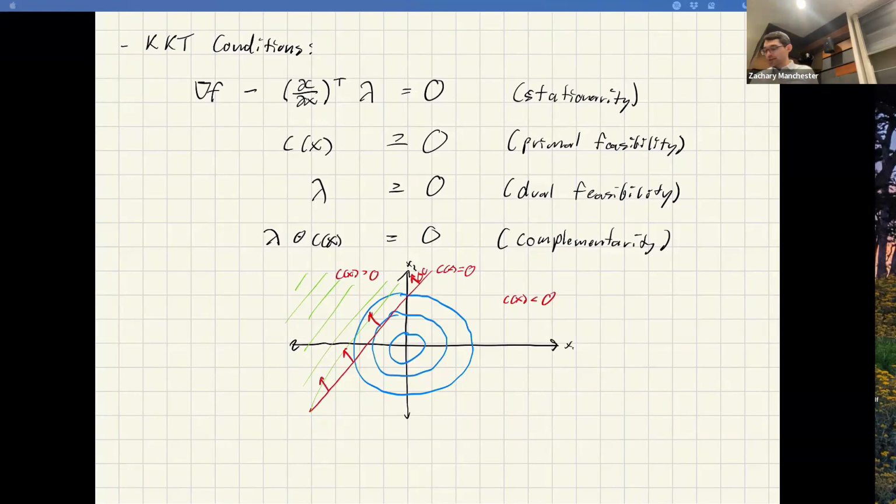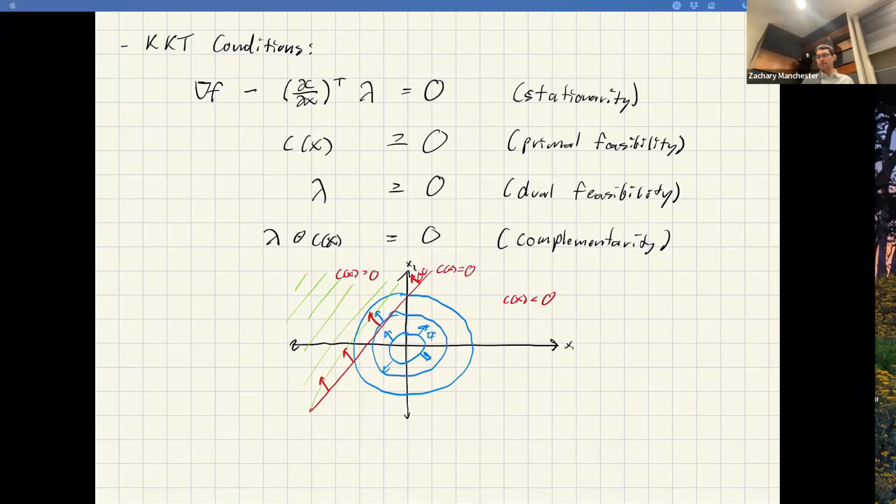Then where does the gradient of F point? It's pointing radially outward on all these level sets. Let's draw some of those. In particular, right over here, they look like this. So these are our grad C and grad F.